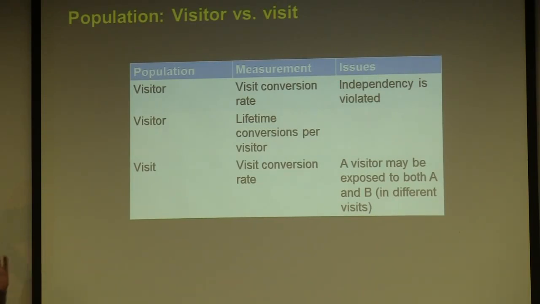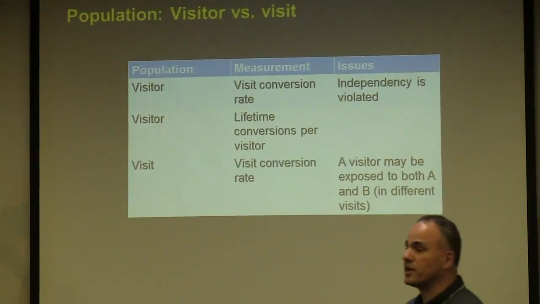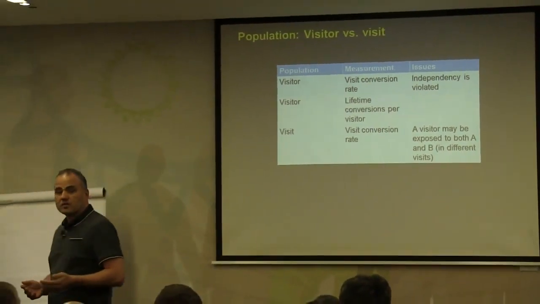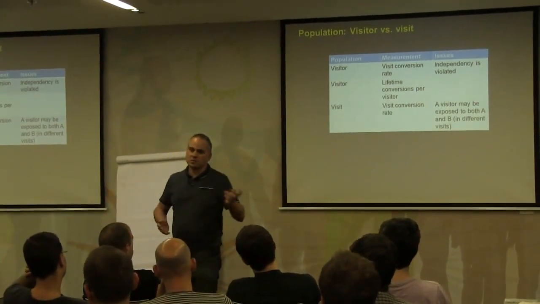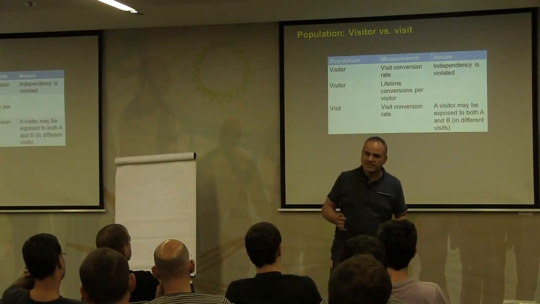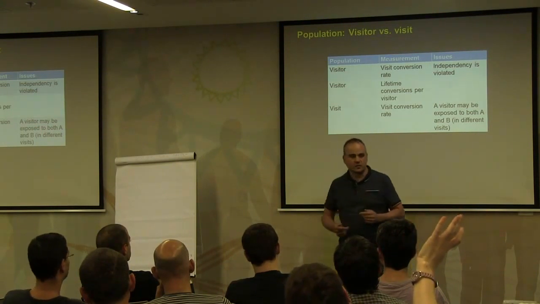When you use the visit term, you may have an issue when the visitor is exposed both to A and B in different visits, and then someone can argue that the conversion that happened during a visit in which he was exposed to B was because he was exposed to A before or after. I mean, this is not a clear-cut conclusion that this is the reason for the difference.